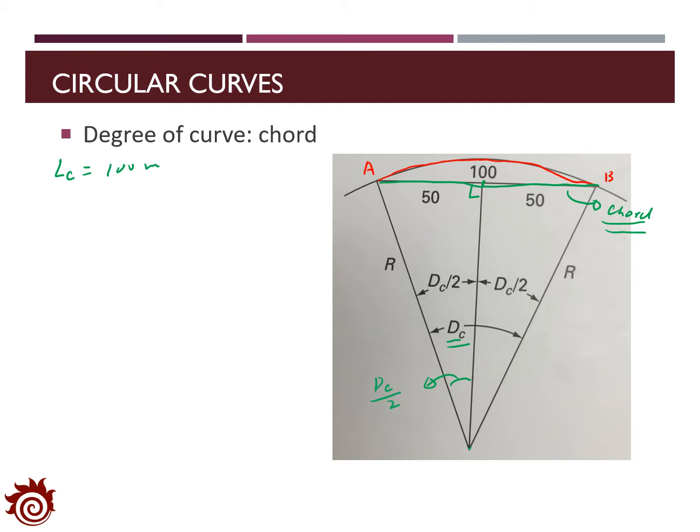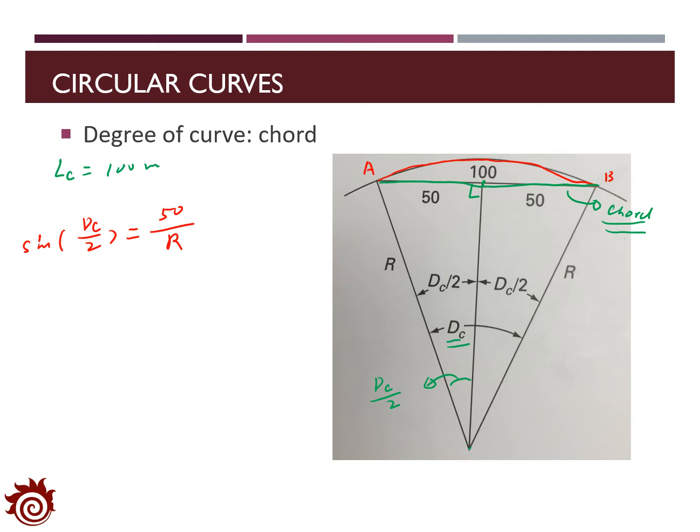With that, we can find sine of half DC equals 50 divided by the radius of the circle. With this equation, we can find the degree of the curve based on the chord definition.